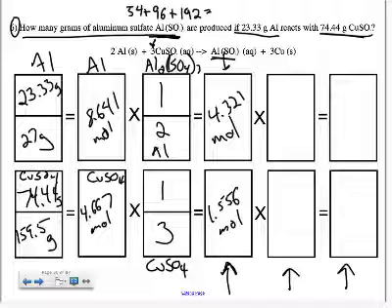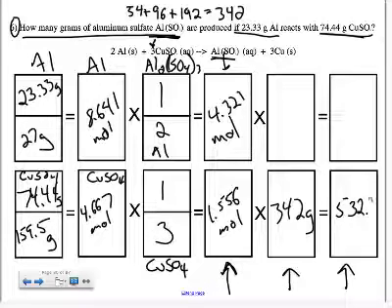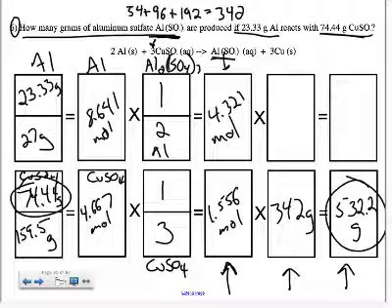And that gives me 342 grams times 1.556 is 532.2 grams. Rounding to 4 significant figures because that's what we started with. So the answer to the first part of this question, or to question 6, is 532.2 grams of aluminum sulfate.